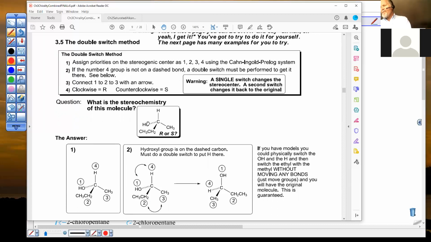Step 1, assign priorities. You got an O for 1. You got an H for 4. Notice I'm only talking about the O and the H. These are atoms attached. We had a tie with the carbons attached. The heaviest thing on this carbon was a C. The heaviest thing on this carbon was an H. That's why this is a 2 and a 3. This is just what we did previously.